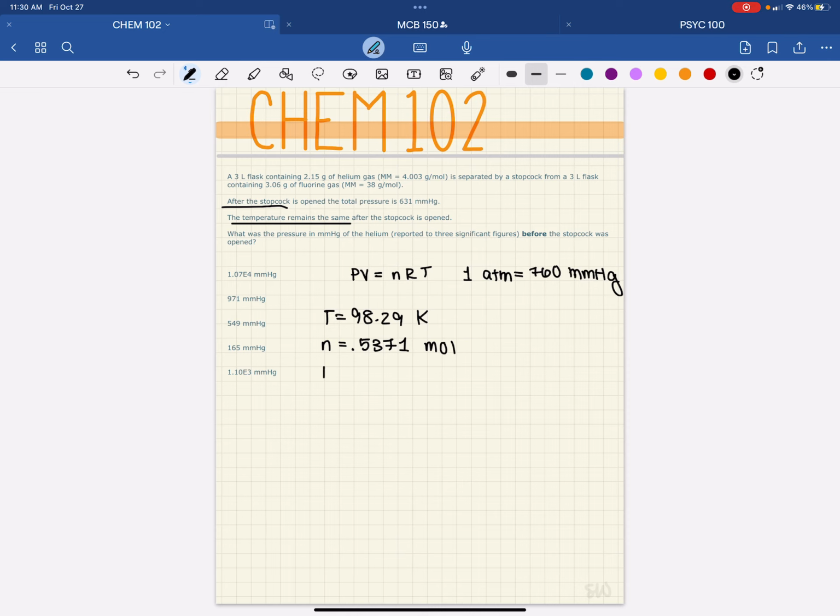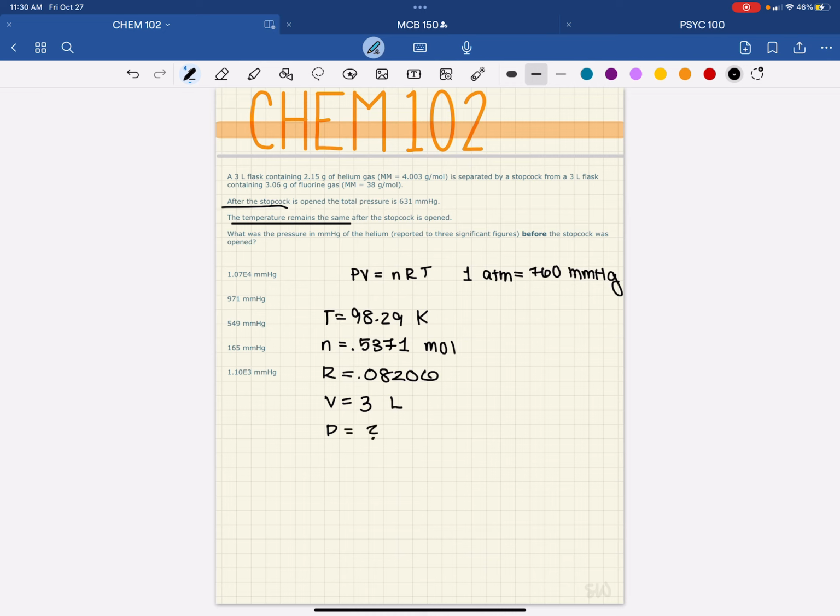I know my R is 0.08206. The reason that the moles are different is because this is before the stopcock is open. We're finding the pressure of helium, and so I am only including the moles of helium. I know that my volume is equal to 3 liters, because again, it's before the stopcock is open, and I'm solving for P.